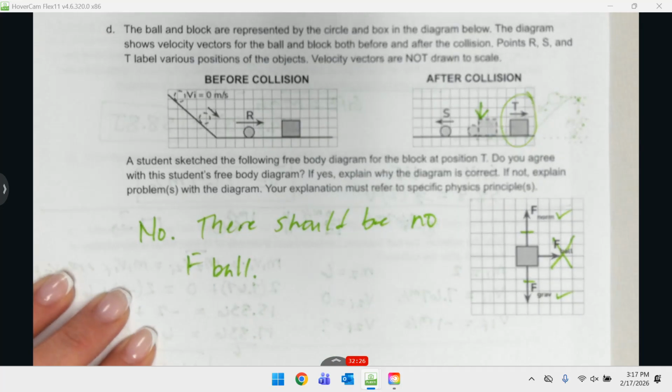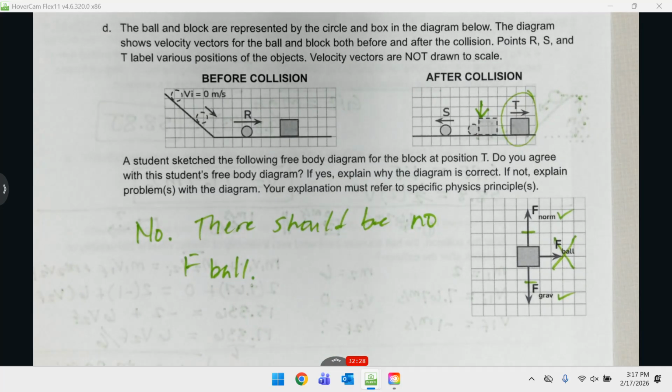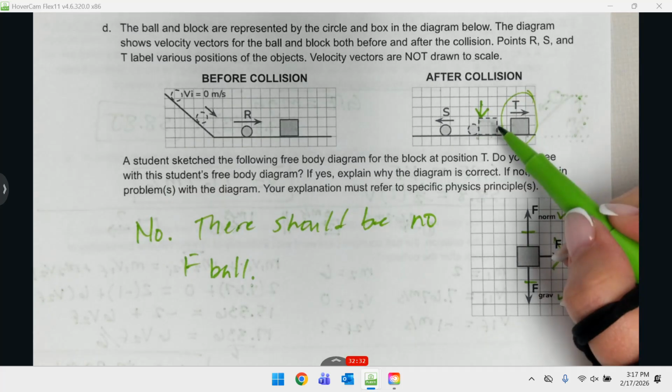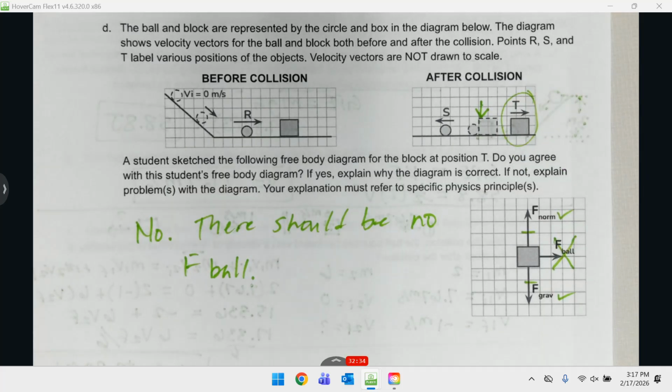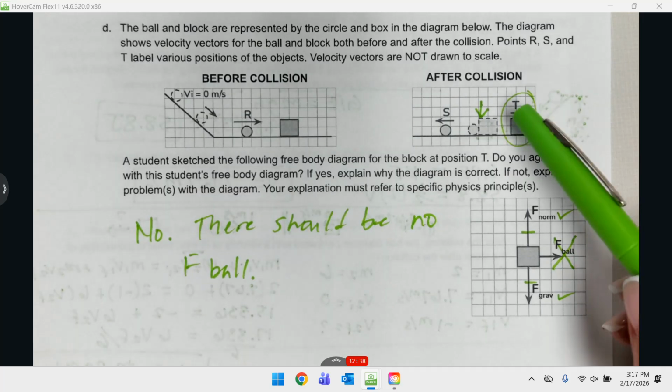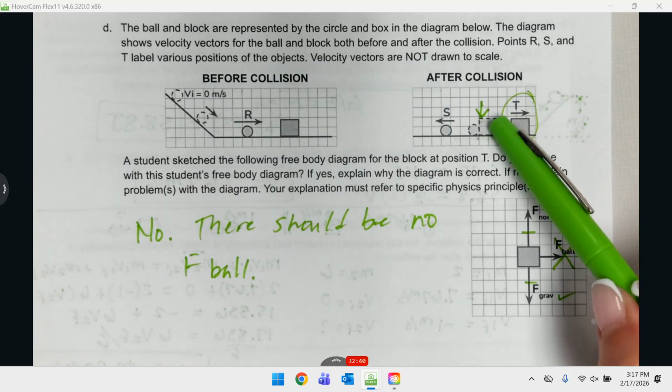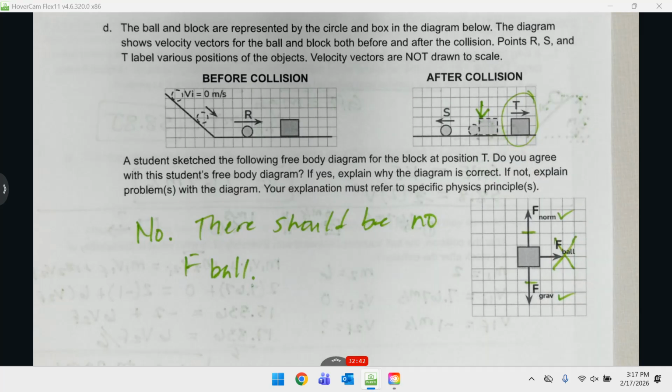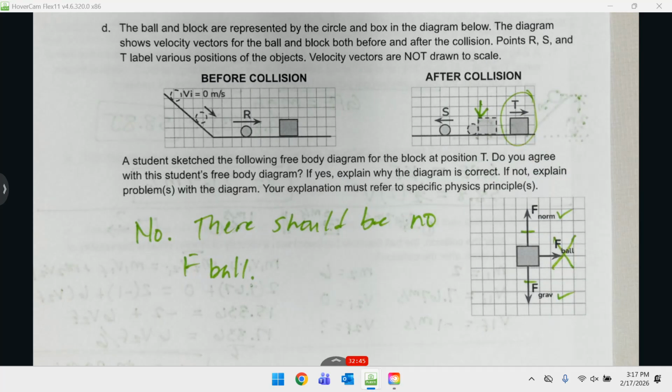That only happens during contact, or something like that. You're only going to get that force when the ball is in contact with it during the collision itself. Add something like that to your explanation, and if you want, you could even say that the force that the ball applies to the block equals the force that the block applies to the ball during the collision, but not afterward. All right, that was Form C.